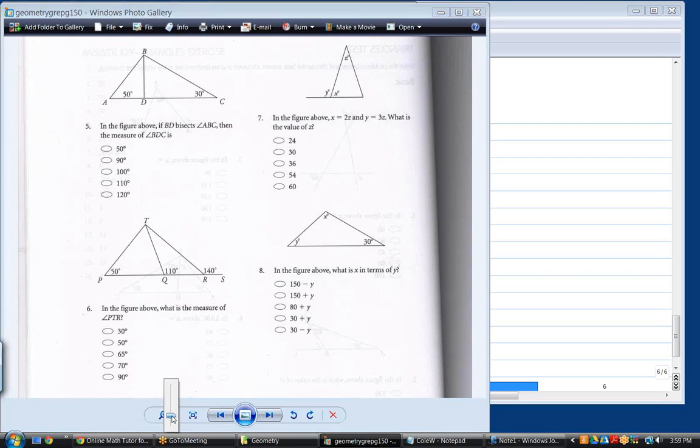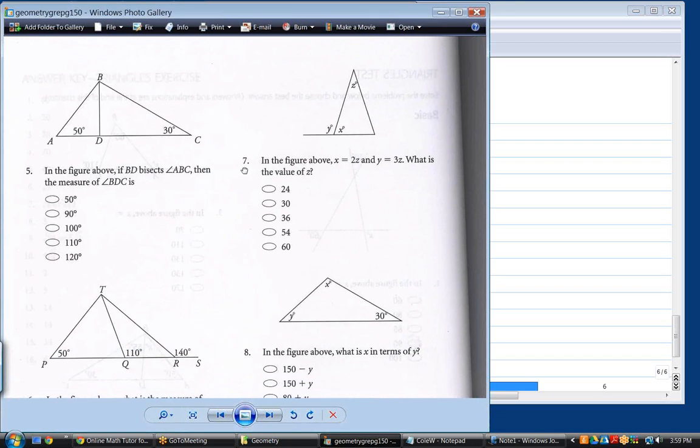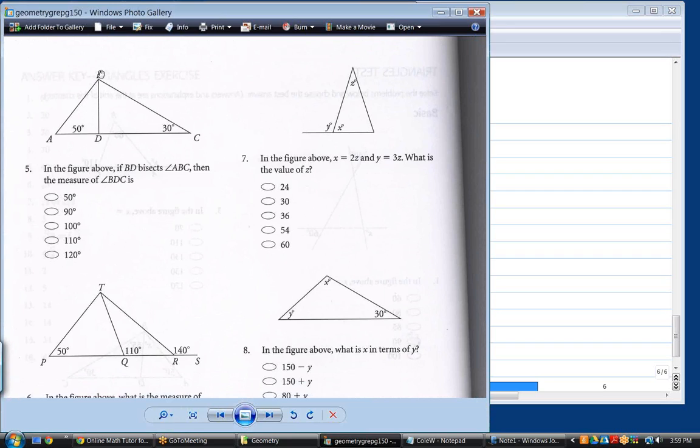Let me make that just a little bit bigger. BD bisects ABC. That's what this says. What it means when a line bisects an angle is that angle ABD is equal to angle DBC. This angle right there is equal to that angle right there.